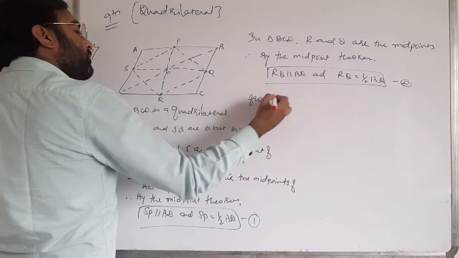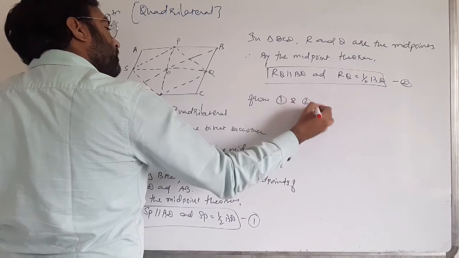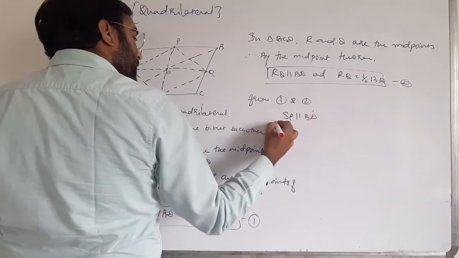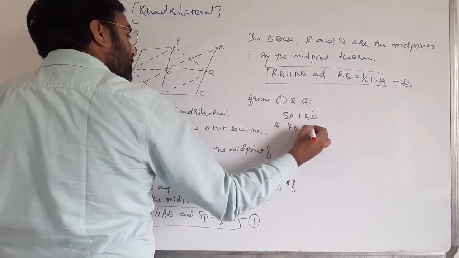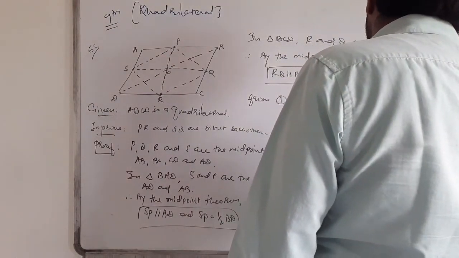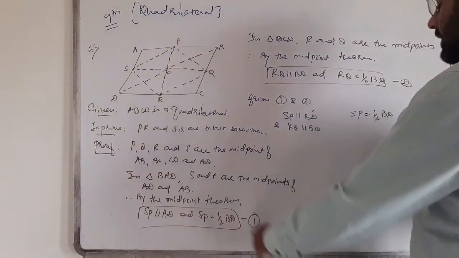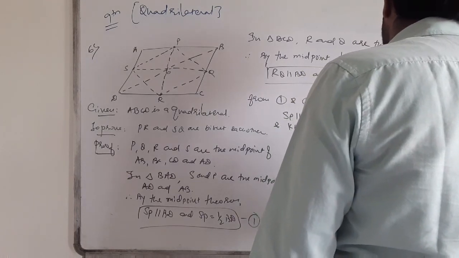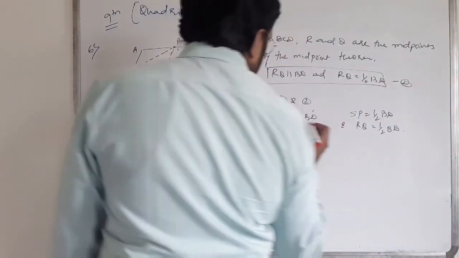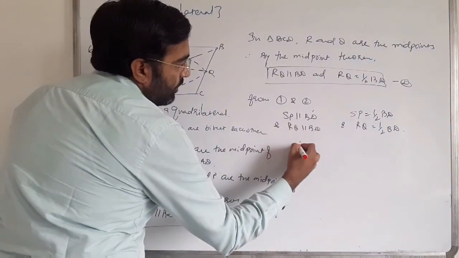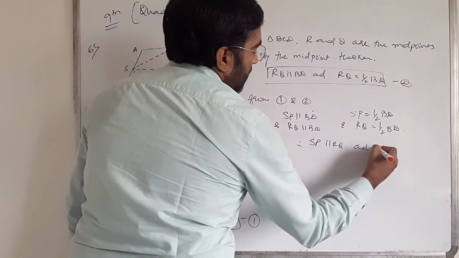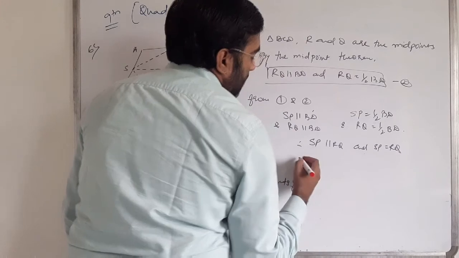So from equations 1 and 2, SP is parallel to BD and RQ is parallel to BD. SP is half of BD and RQ is also half of BD. Therefore, SP is parallel to RQ and SP is equal to RQ.